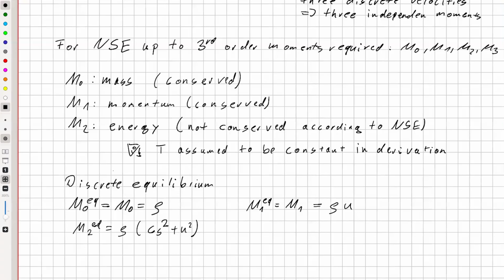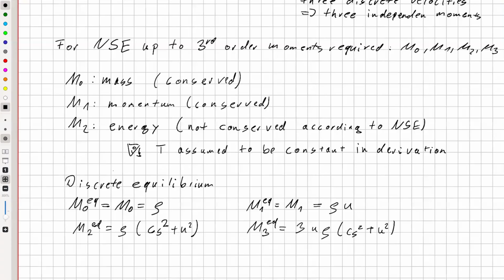Now we are in this trouble that we had this third order moment, which I believe we had also calculated yesterday in equilibrium, which is 3 times u rho cs squared plus u squared.